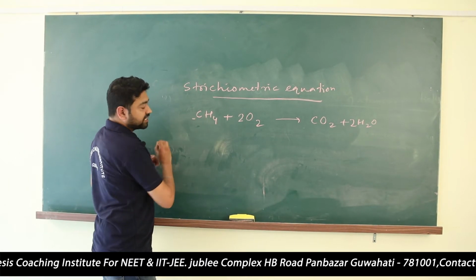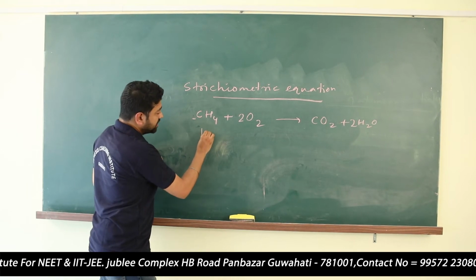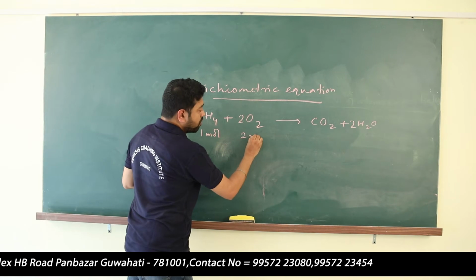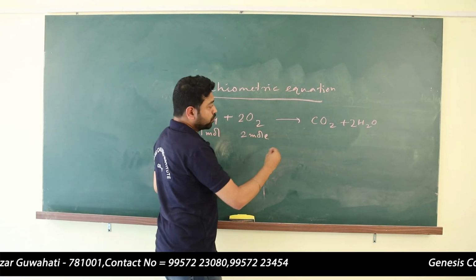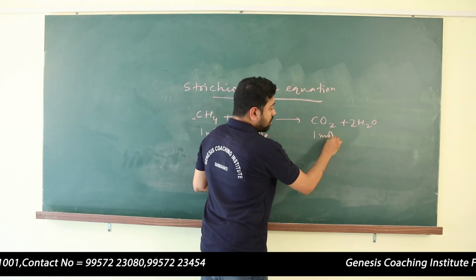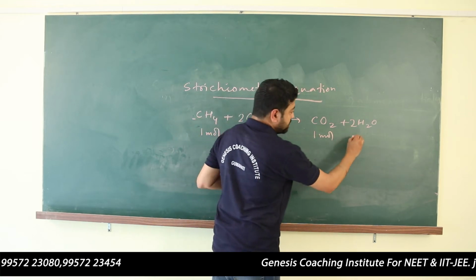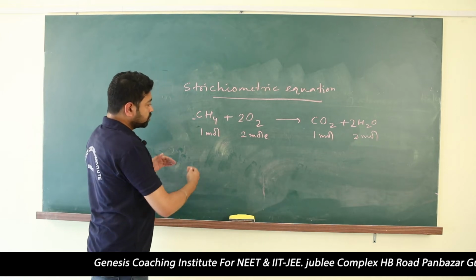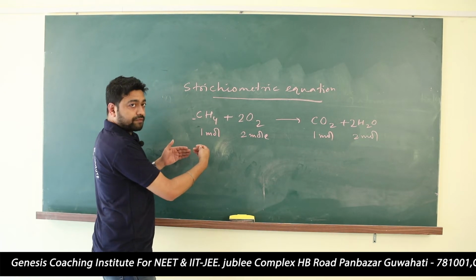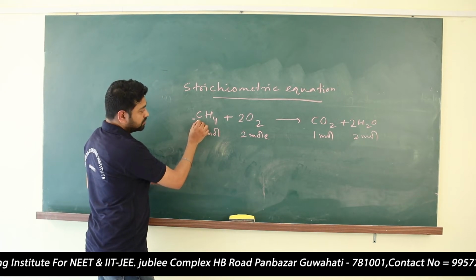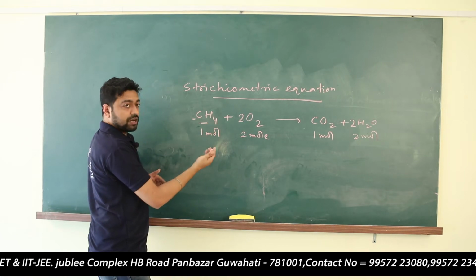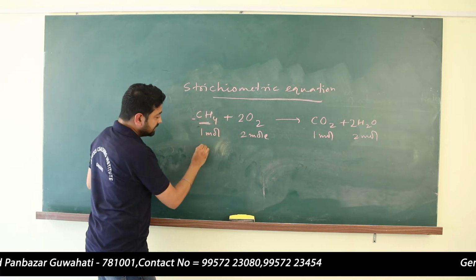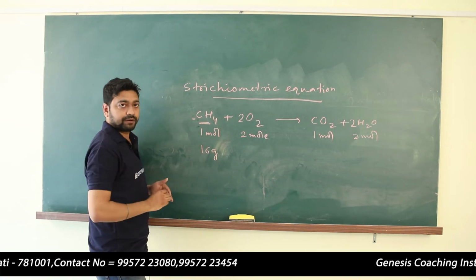Now go through one by one. How many moles are present here? It is 1 mole of methane reacting with 2 mole of oxygen to give 1 mole of carbon dioxide and 2 mole of water. If we write in terms of mass, it is molecules, so molecular mass. The molecular mass of methane is 12 plus 4, 16 gram of methane.